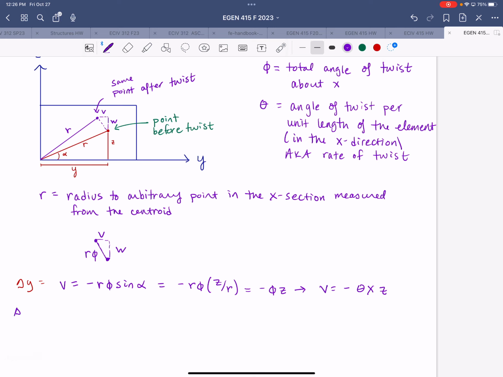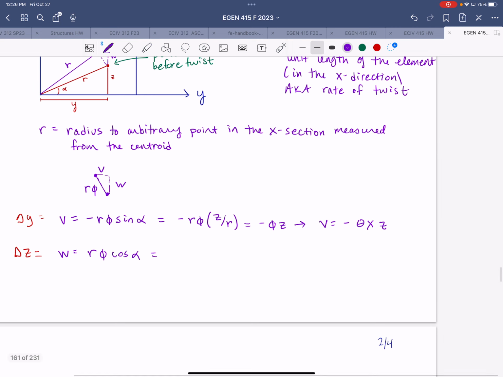Our change in z, being W, can be represented as R phi cosine alpha, or R phi times y over R, or phi times y.